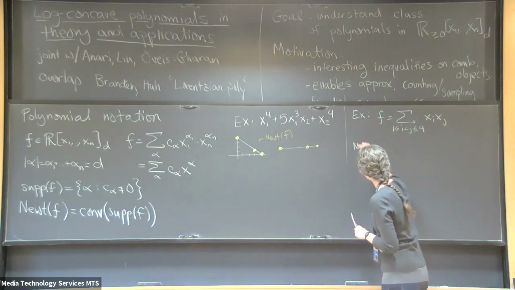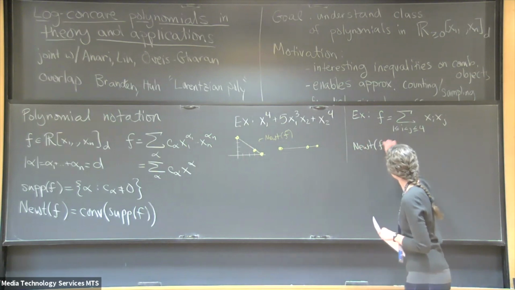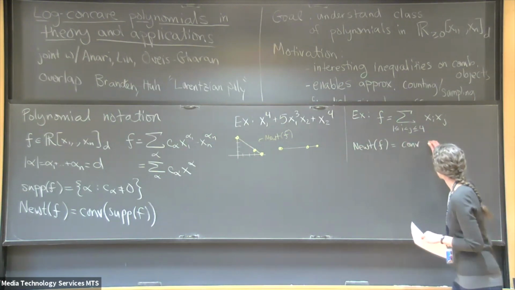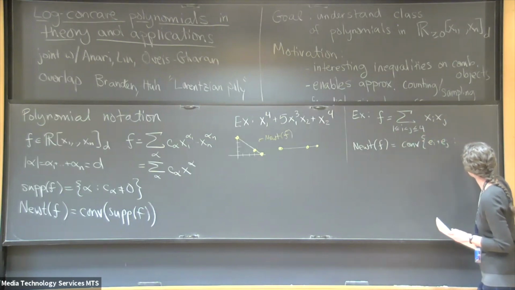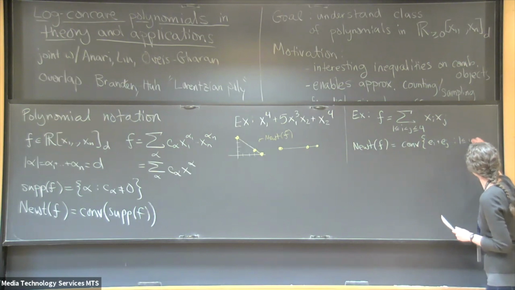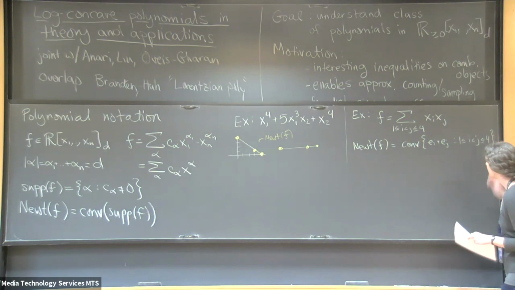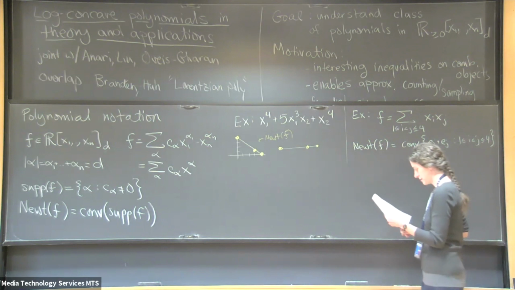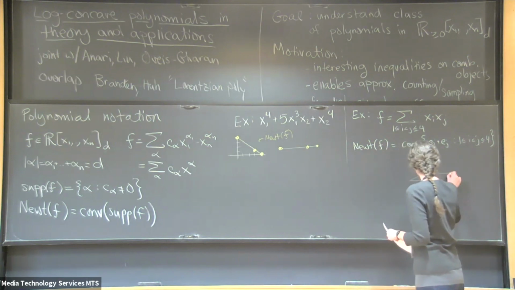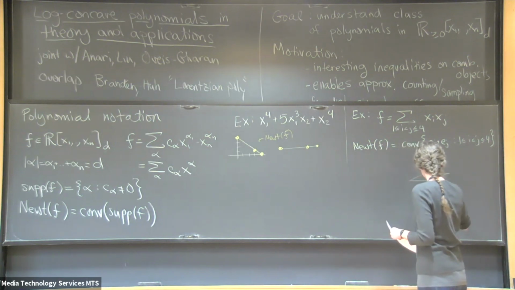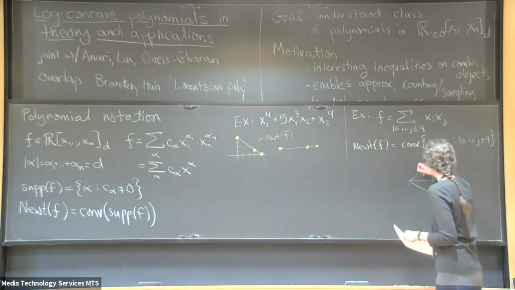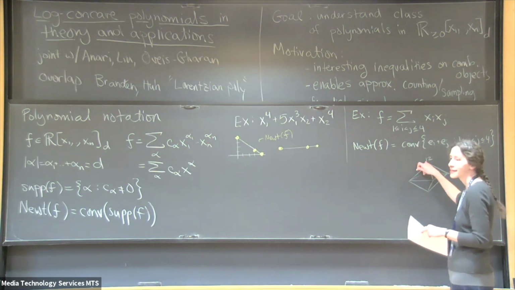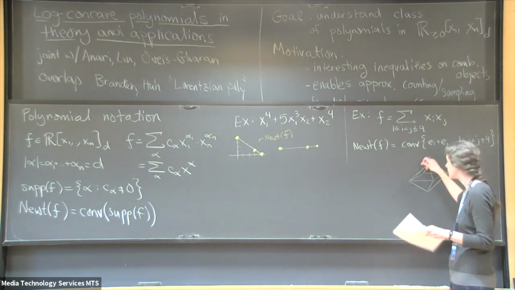In this case, the Newton polytope is the convex hull of all these vectors. And I get a nice hockey puck. It's really in 4-space, but since it lies in a hyperplane, it's a 3-dimensional polytope. I'll be lazy and denote this using E1,2 for E1 plus E2.